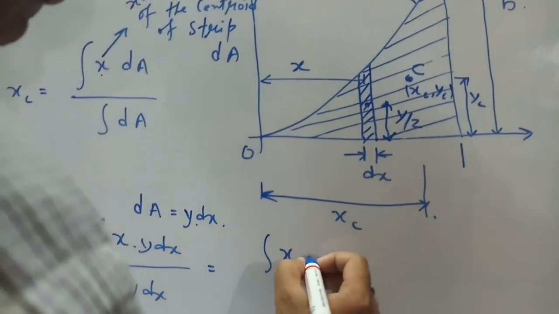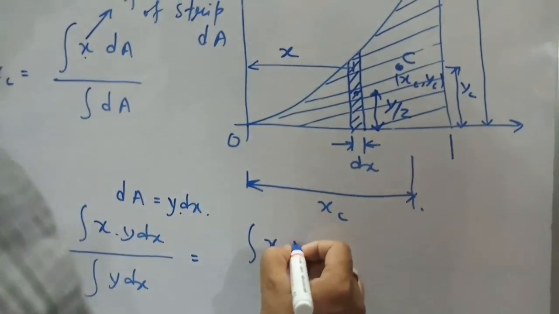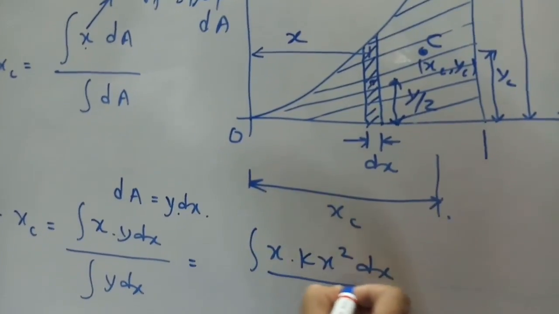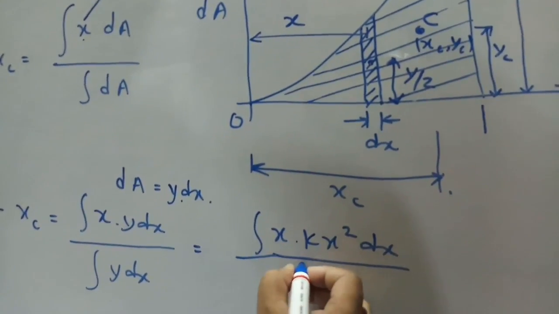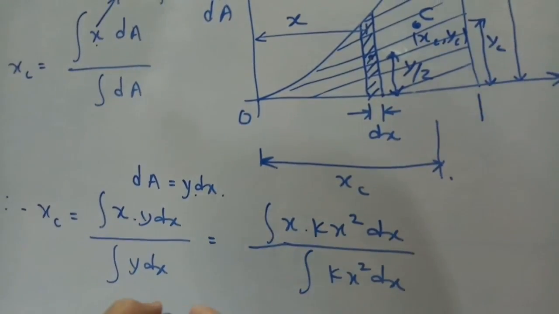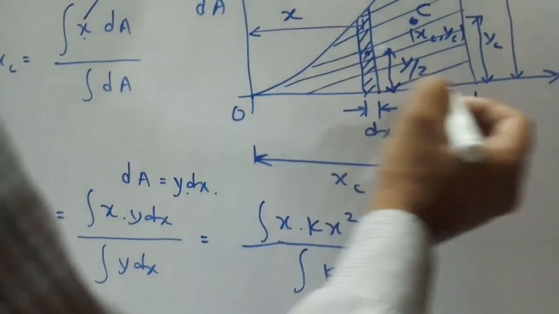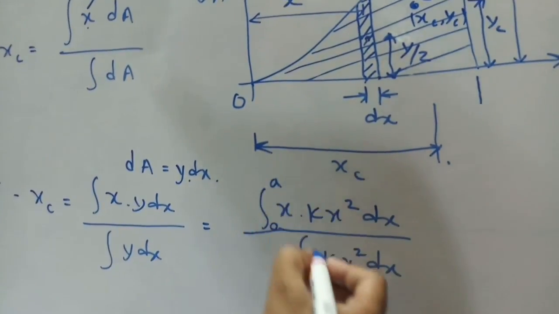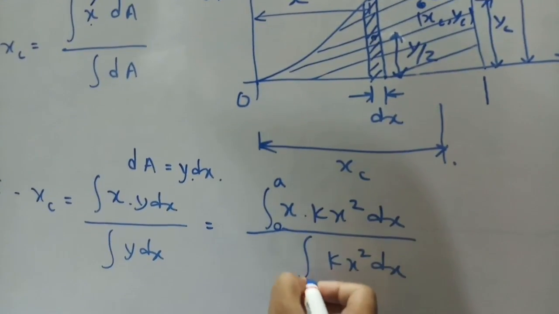So xc equals integral of x times k x square dx by integral of k x square dx, with limits 0 to a.